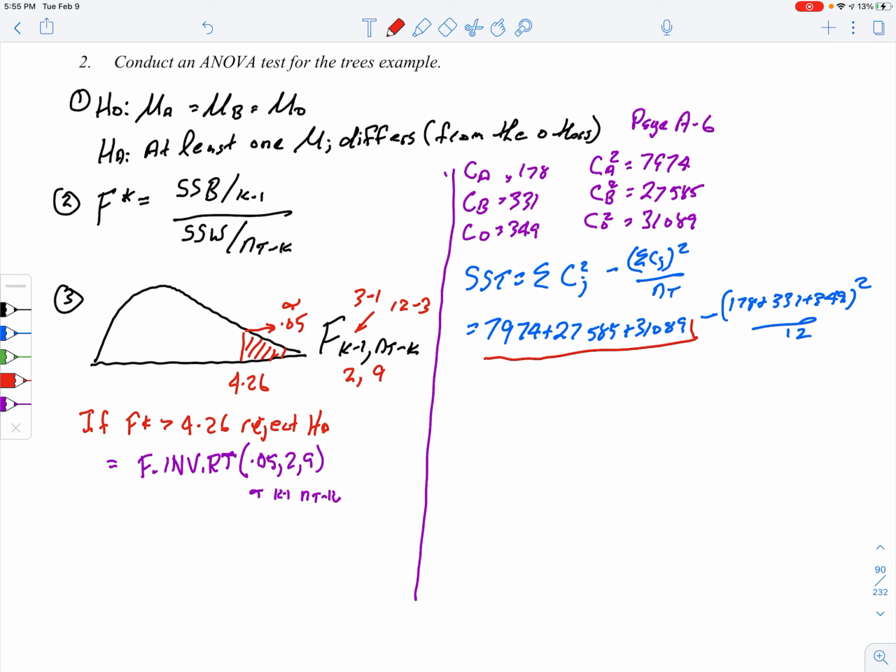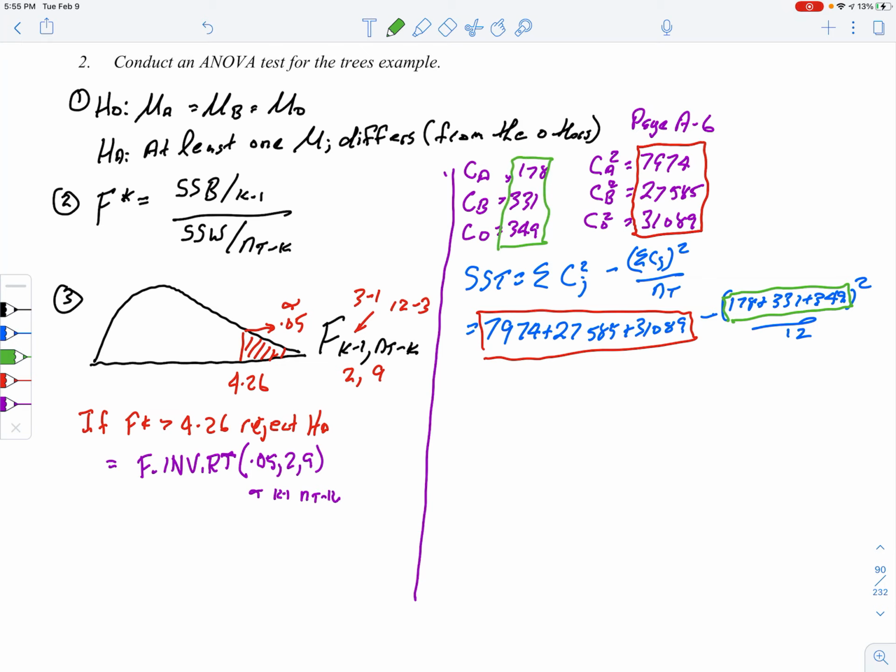These first ones are the squared values, and the last ones are the sum of the original values for each column.